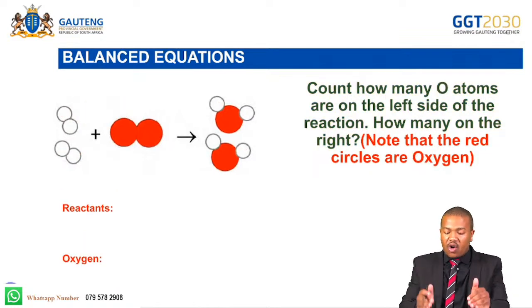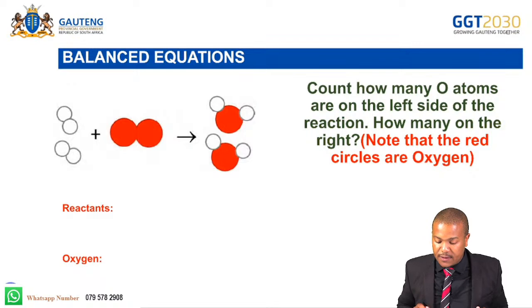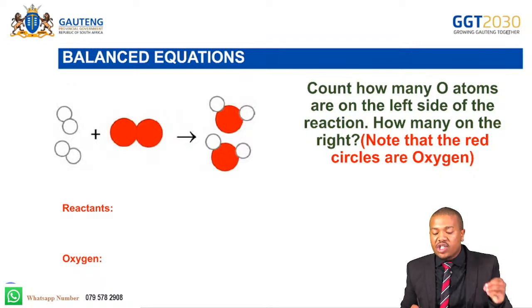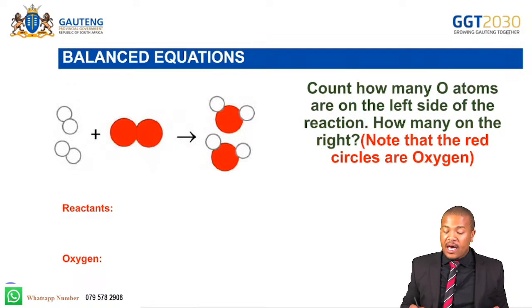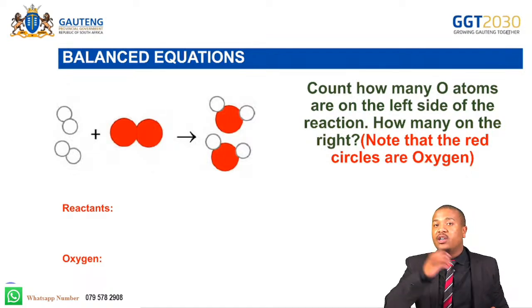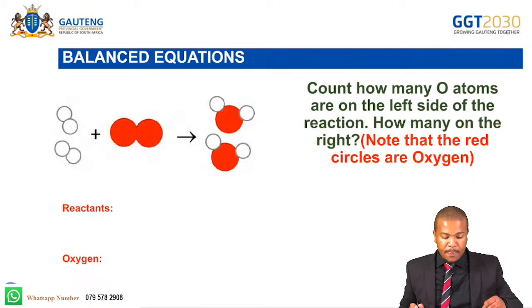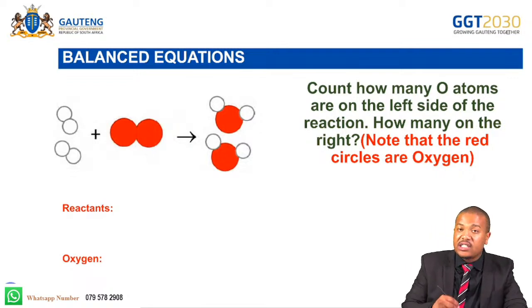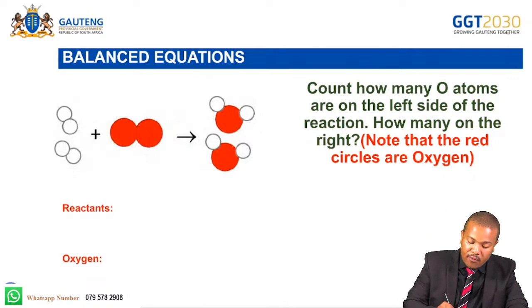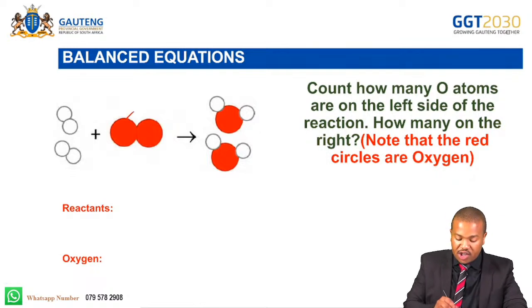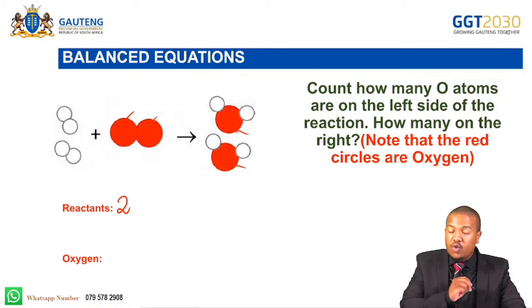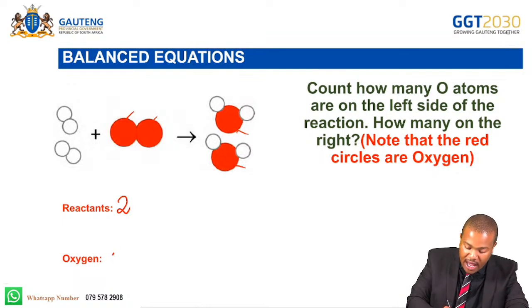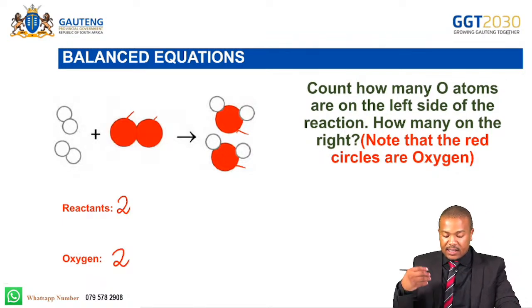So now let's get on to the number of oxygens. Let's count how many oxygen atoms are on the left-hand side, the reactant side, and how many are on the product side. Remember, oxygens are the red circles. So we have 1, 2 oxygens on the reactant side, and we have 1, 2 oxygens again on the product side.